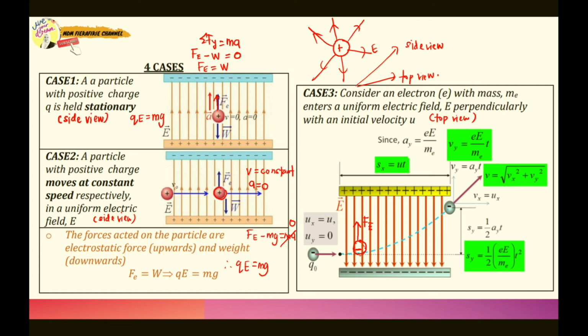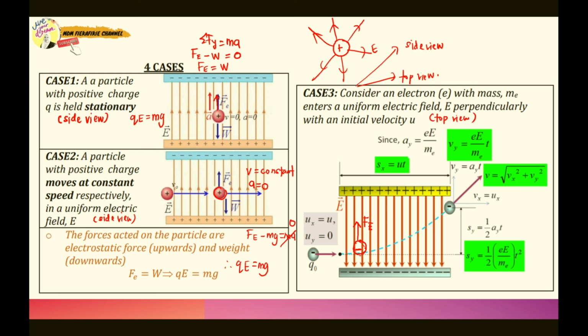So now look at the motion of the electron. When the electron enters the electric field, you can see we have the value of ux equal to u. The electron enters the field projected horizontally. Remember, in chapter 2 in semester 1, you learned about projectile motion.